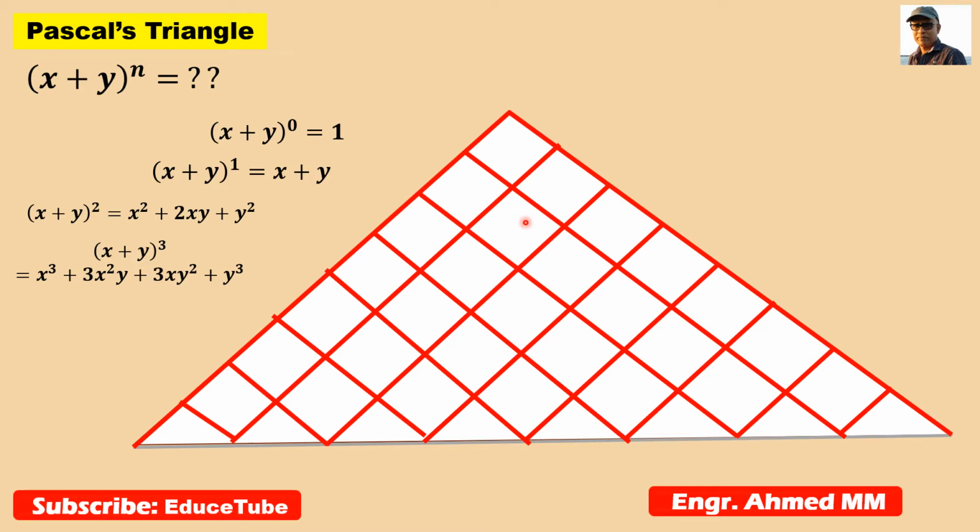The rules that Pascal's triangle has are that we start with 1 at the top. So let's take 1 here. Then ones at both sides of the triangle, and this 1 on both sides will be continued along this line and along this line.